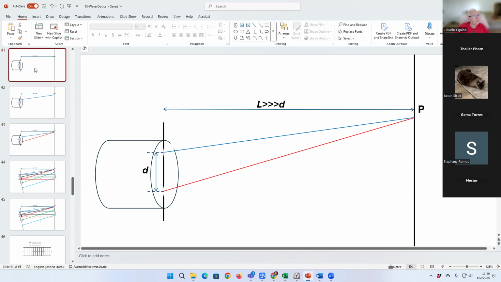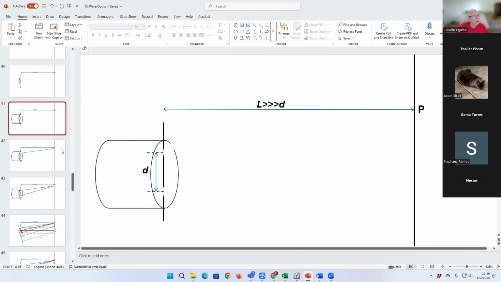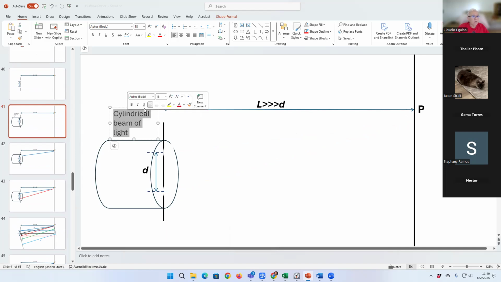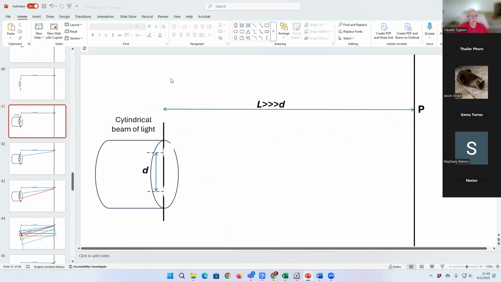Okay, and I'm going to write down here: cylindrical beam of light. It can be your laser beam, your laser pen, a cylindrical beam of light illuminating the two slits simultaneously.